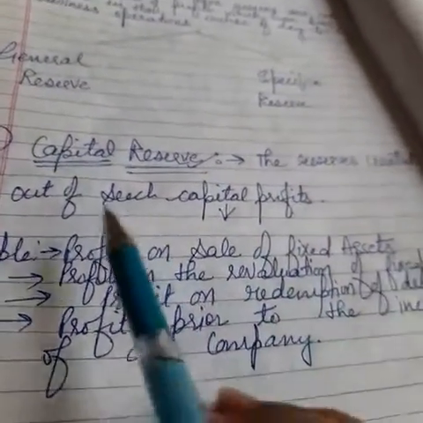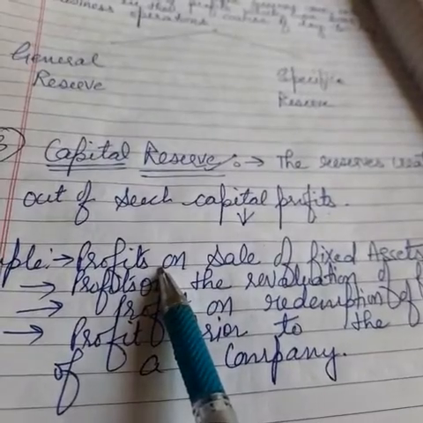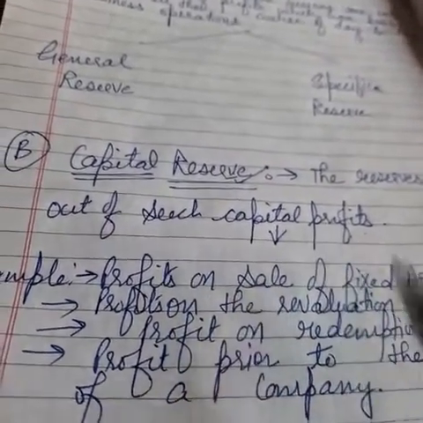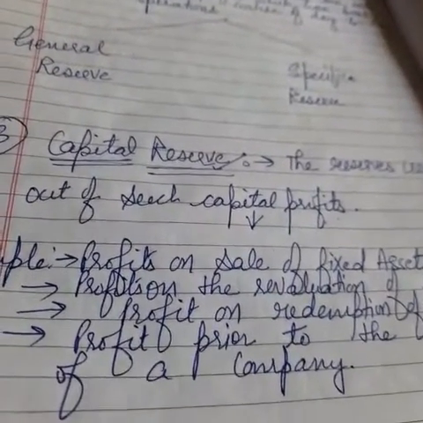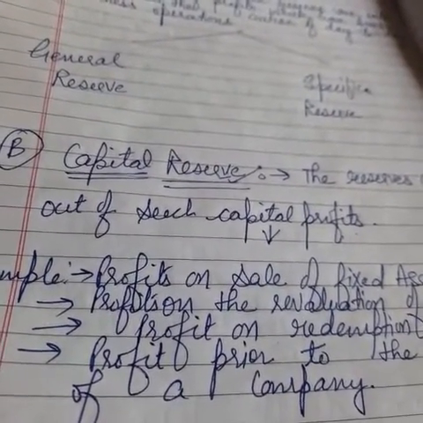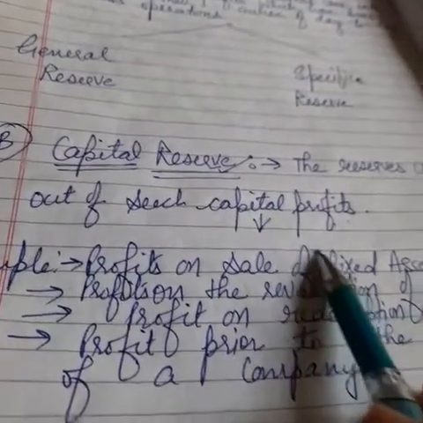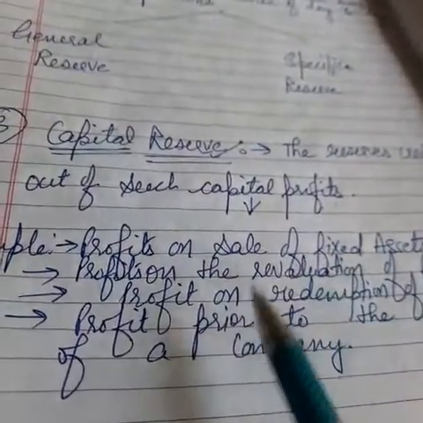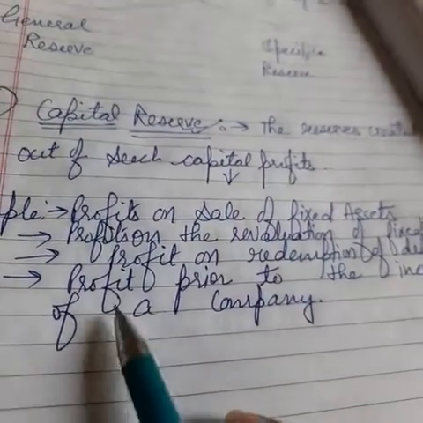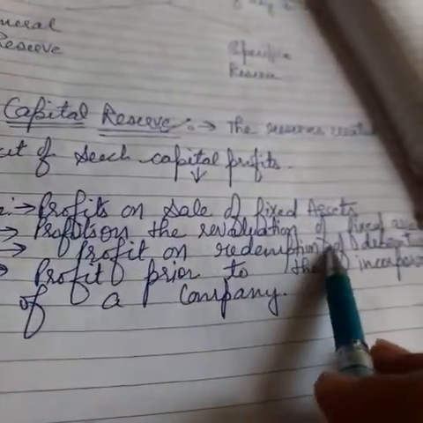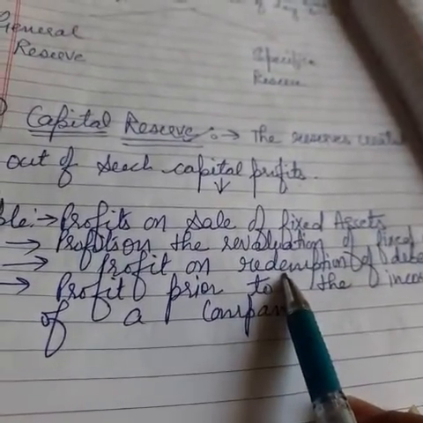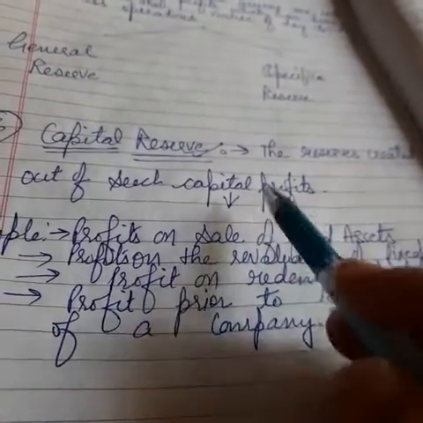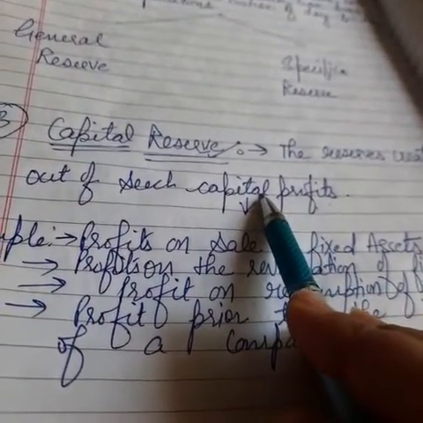For example, if we have sold our asset at a profit, it is not sure that in the next year or in the future we will sell another asset at a profit. We can also sell at a loss. So those losses will be set off with the capital profits. So all our capital losses, for example loss on redemption of debentures, loss on cancellation of debentures, that loss also has to be set off, so we set off that loss with capital profits.